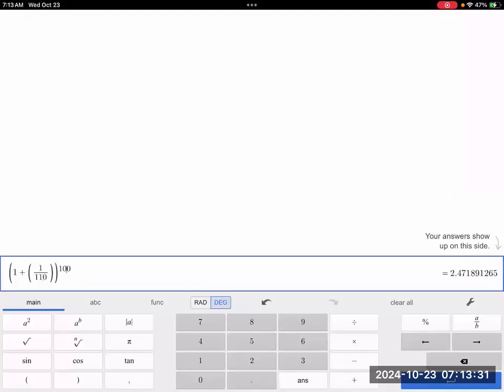Let's do 1,000. Oops, that number was incorrect. 2.717. Let's add another 0. 2.7114. Okay, now we've seen this 2.71 or 2.72 a couple times.